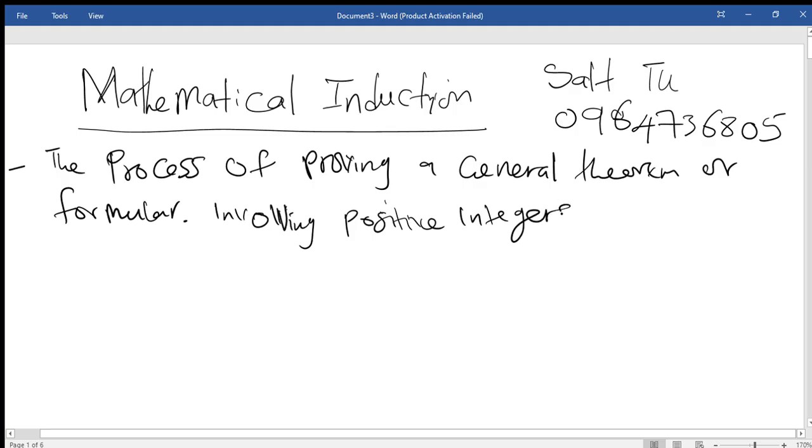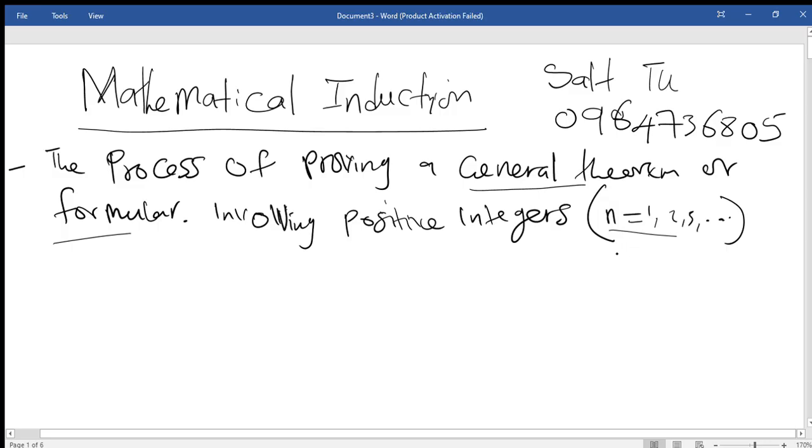When we talk about positive integers, we're talking about n equals 1, 2, 3, etc., and the count continues. So does that formula hold for values of n which are positive integers?